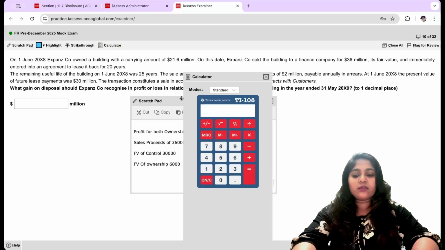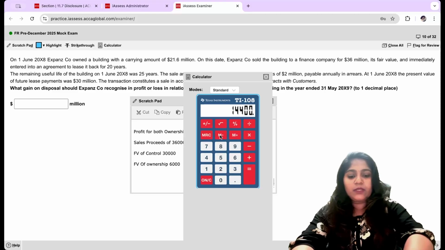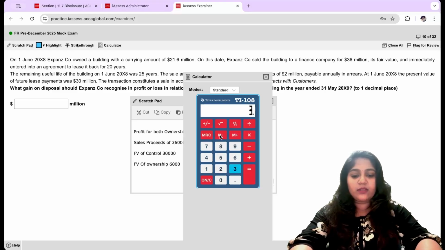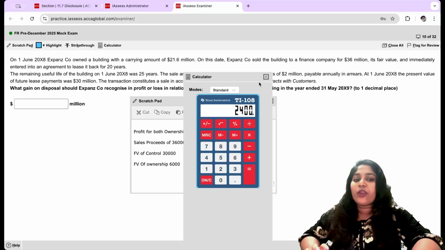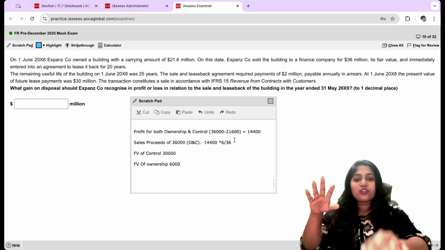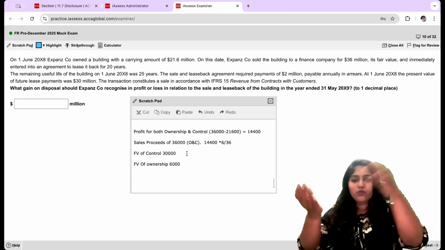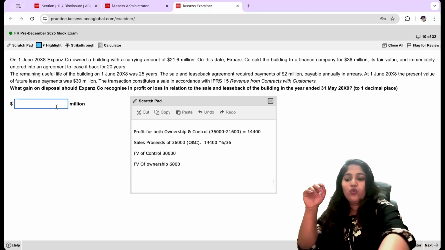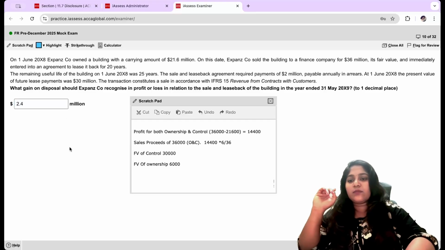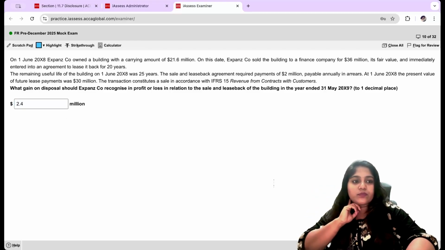So I'll take 14,400 multiplied by 6 divided by 36. So 2.4 million should be my actual profit related, or else you can do the cross multiplication. So 2.4 in one decimal should be the answer.